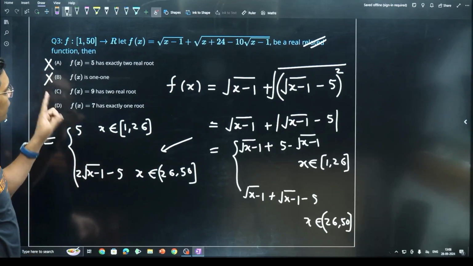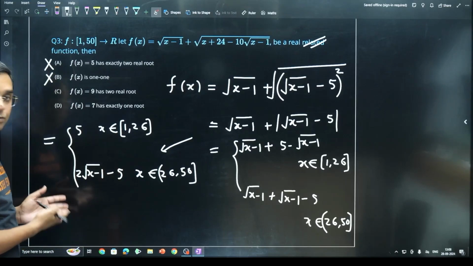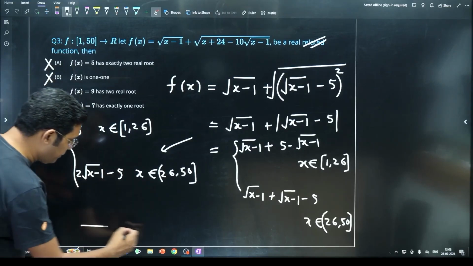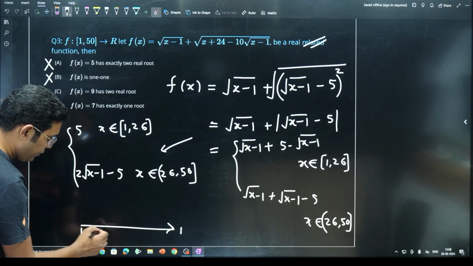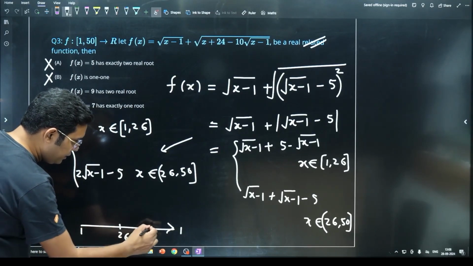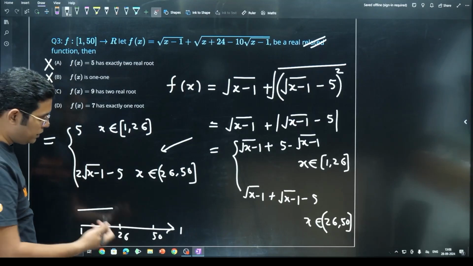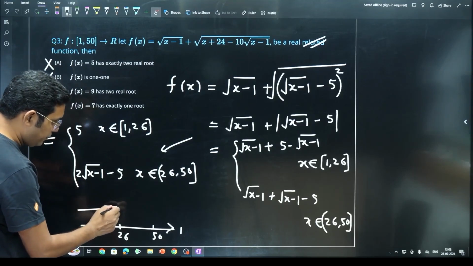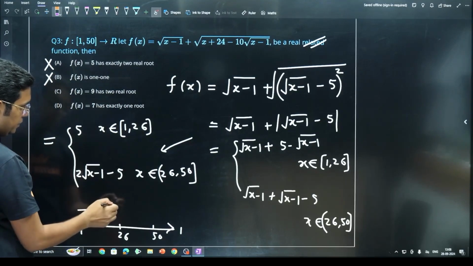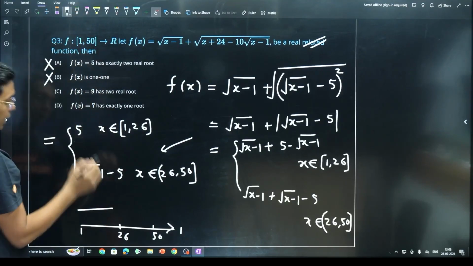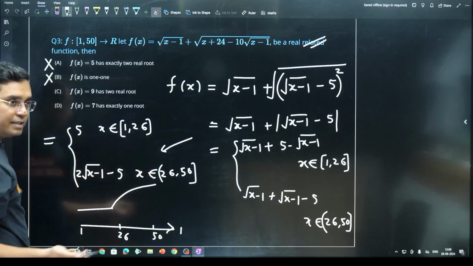Now f(x) equal to 9 has 2 real roots? Here we are having 5 roots, whereas this portion seems to be increasing. In fact, if you draw the graph, this is my x-axis, this is 1 here, this is 26 here, and this is 50 here. So from 1 to 26 it's a constant graph. After 26 it will be something like this, which will be increasing actually.